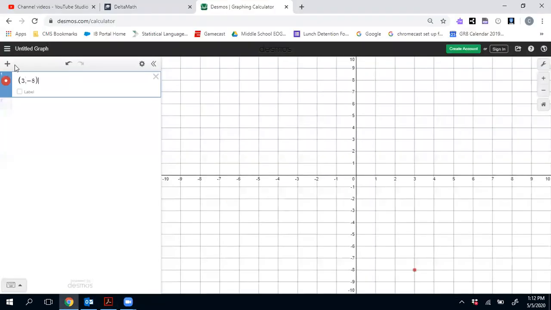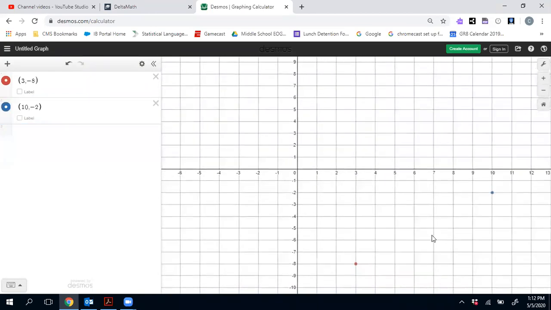Now the next point that I'm supposed to plot is 10, -2. So I'm going to hit add expression, put parentheses, and do 10, -2. I can't see it, so I'm just going to scroll over a little bit, and it is right here.